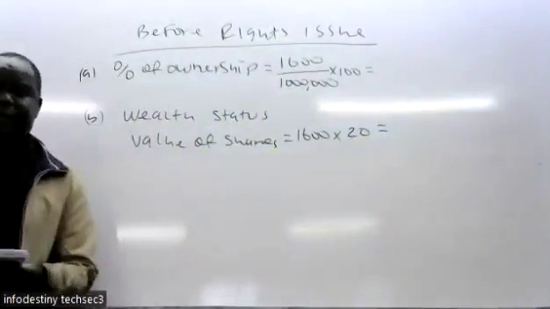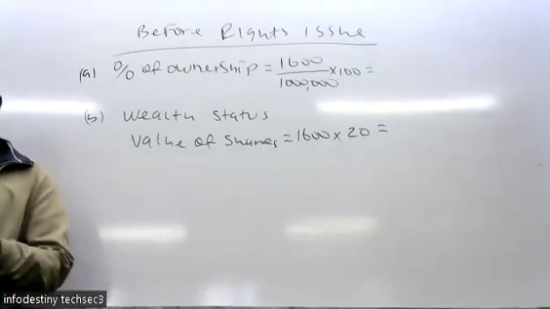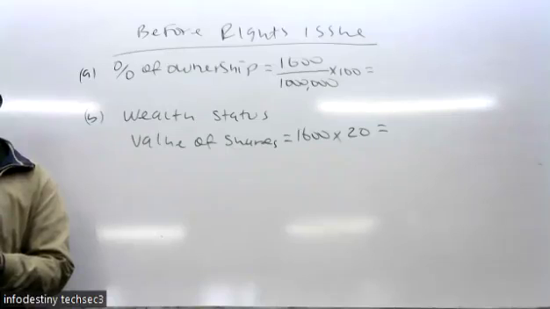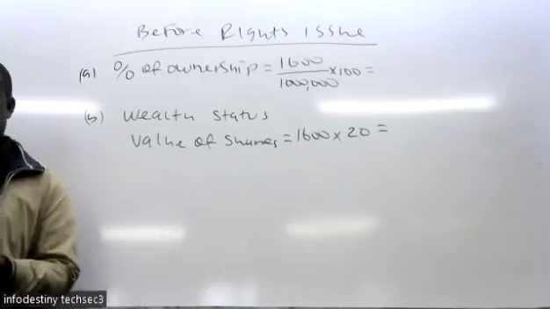But apart from that, he has some money in the savings account. You can see under part C how much he has in the savings account: 10,000.